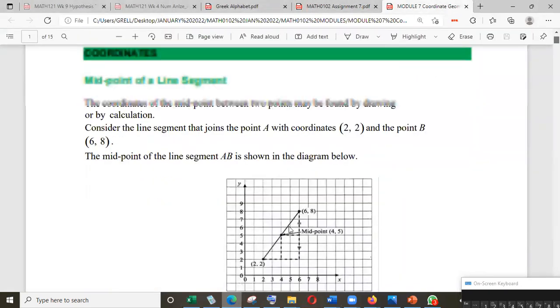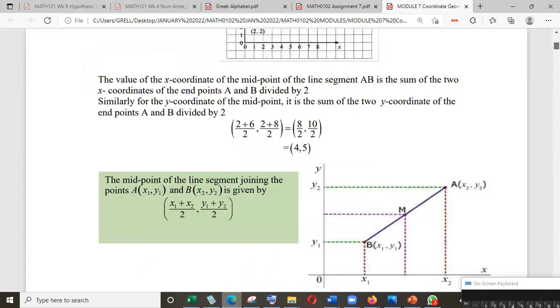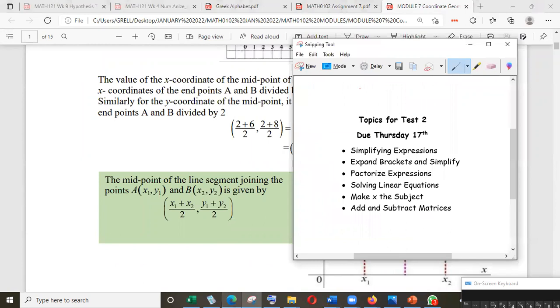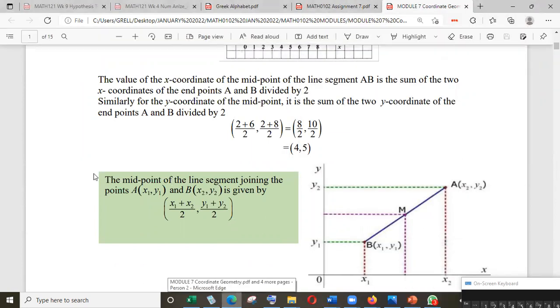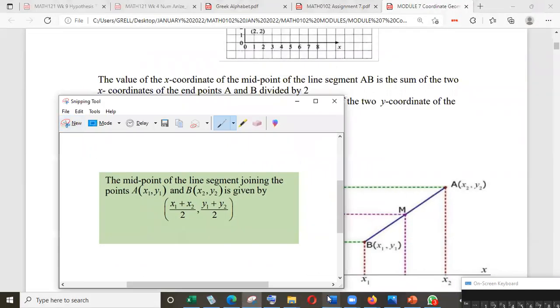And to find the midpoint of that line, we have to use this formula. Here it is. So this module is all about straight lines. Y is equal to mx plus c, but we are starting with midpoint.